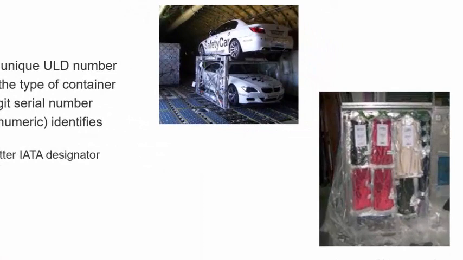A couple more examples of ULDs on the right. Technically, that metal frame that allows for the transport, the stacking, basically, of automobiles, that's a ULD. A little bit to the left of those automobiles, we can also see another ULD, this time in the form of a pallet. A little more difficult to see, but just another example. Lower right-hand side, something we haven't talked about yet.